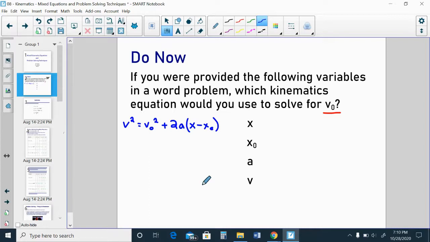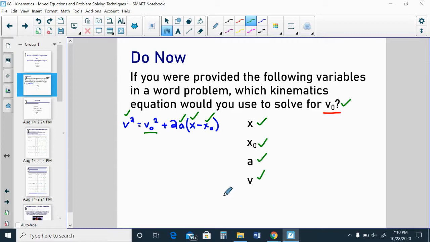In this equation, you can see that we have the variable we're trying to solve for, initial velocity. We have final position, initial position, acceleration, and final velocity.